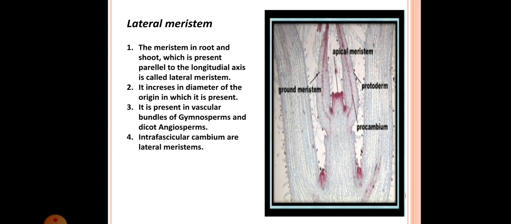It increases the diameter of the wood, or the cylindrical part of the plant, or the stem part. It is present in vascular bundles of gymnosperms and dicot angiosperms.